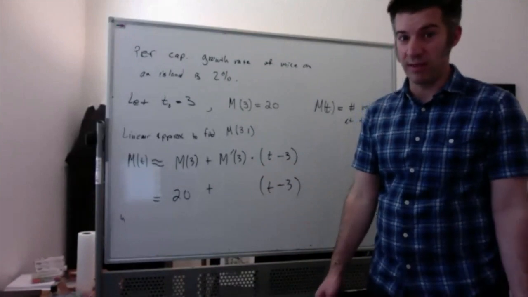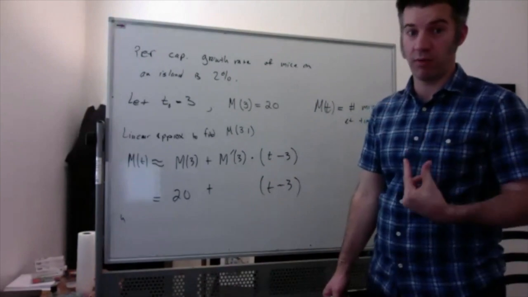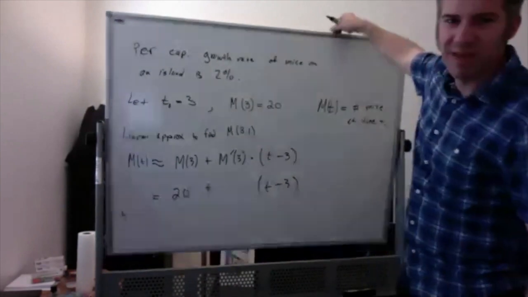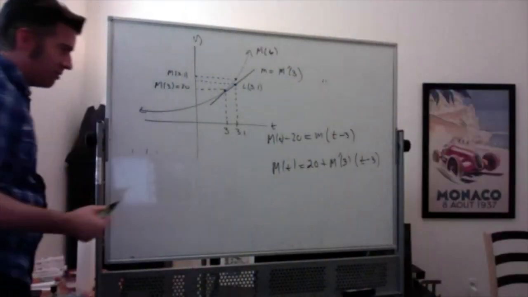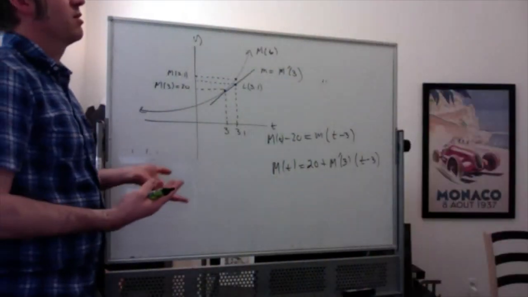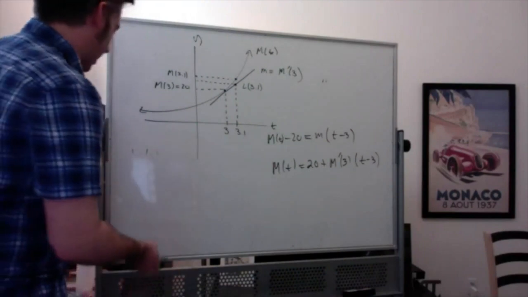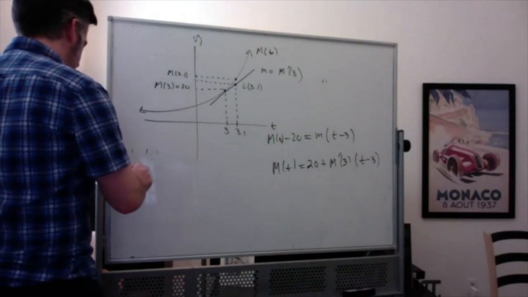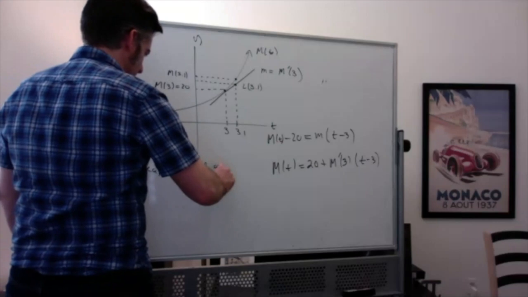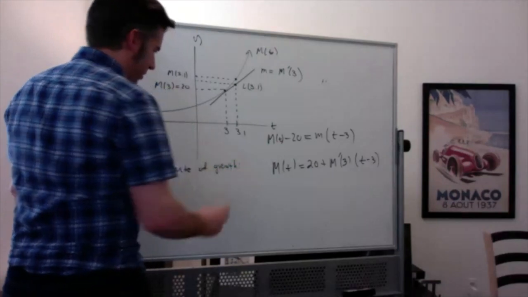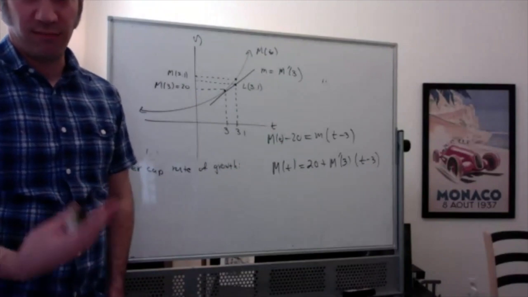It's not 2%, because 2% isn't the rate of growth, it's the per capita rate of growth. So what does that mean? The per capita rate of growth is literally the rate of change divided by the number of mice you have.